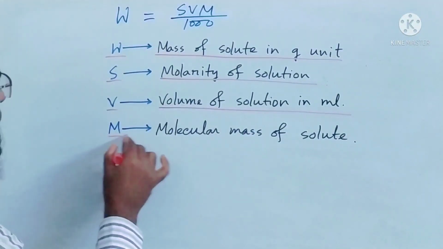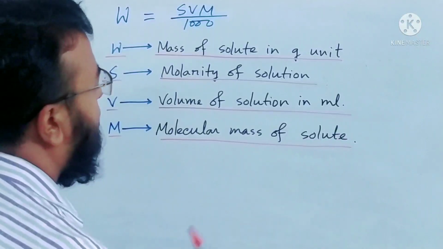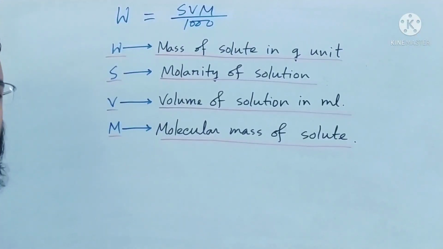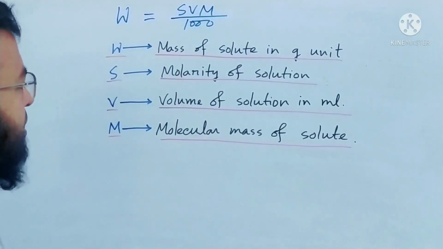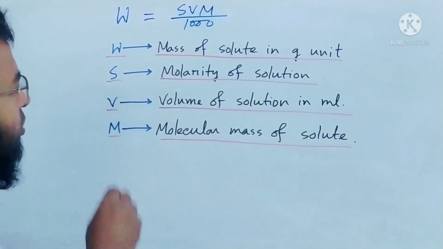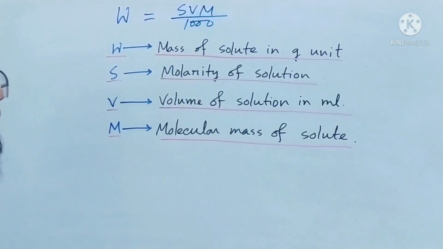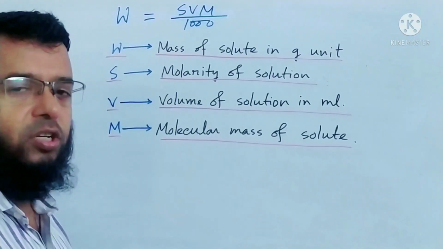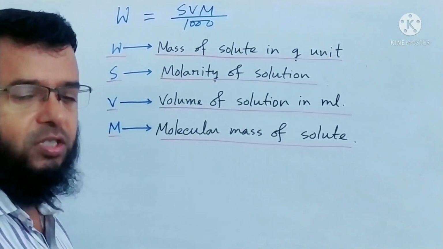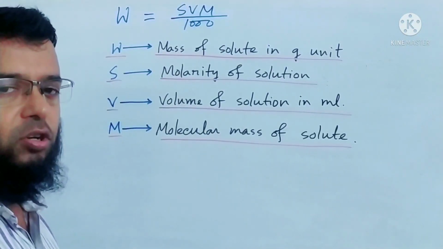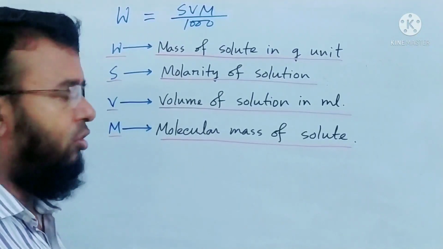Then M, it is the molecular mass of the solute. Okay, how to determine the molecular mass I have discussed, and today we discussed the molarity of solution, and also we have discussed solution, then mixture, then we have seen the homogeneous mixture, heterogeneous mixture. Then in the solution there are solvent and solute also.